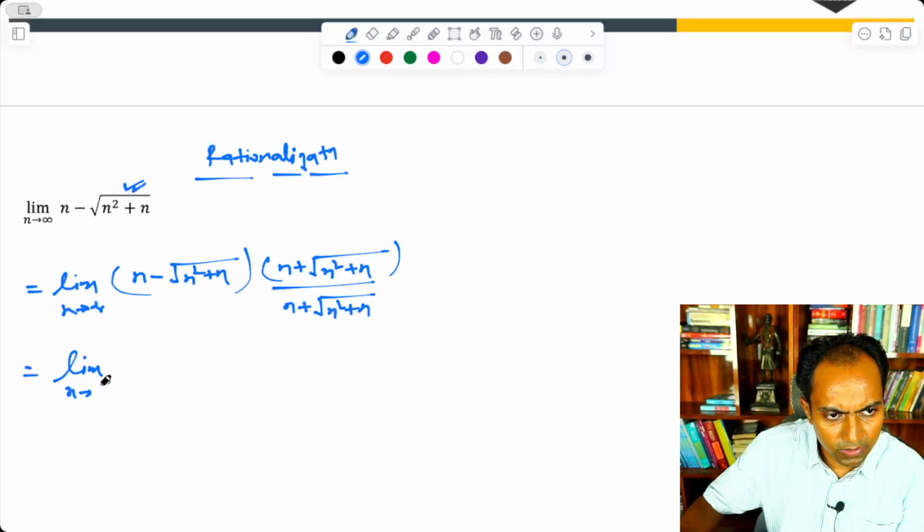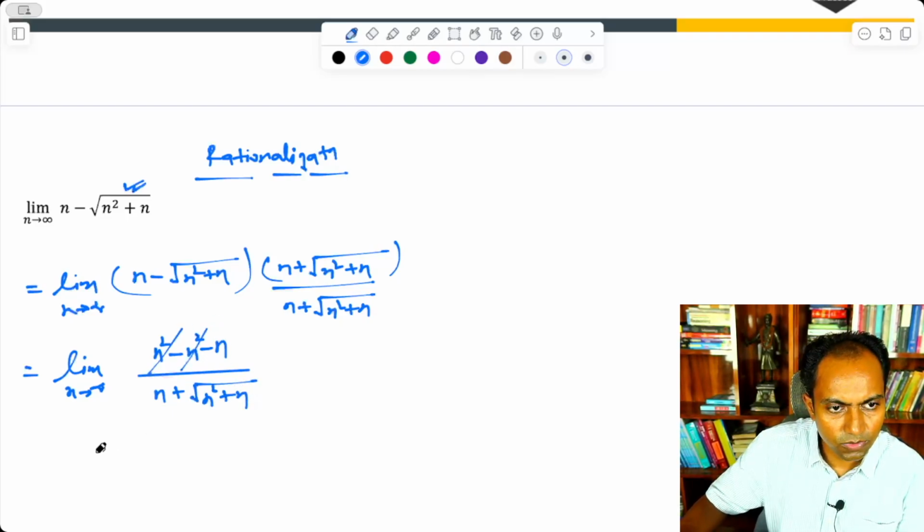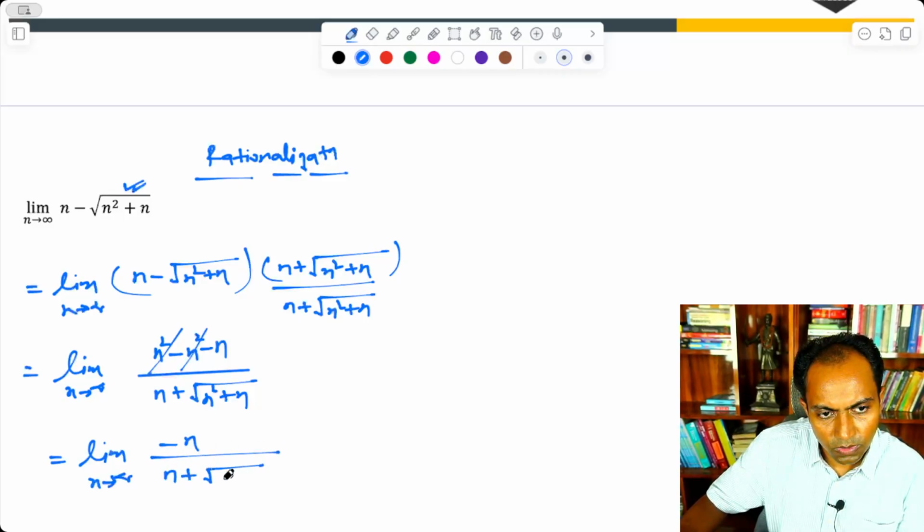Limit n tends to infinity, n square minus n square minus n divide by n plus root of n square plus n. These two terms cancel out, and now we are left with limit n tends to infinity, minus n by n plus root of n square plus n.